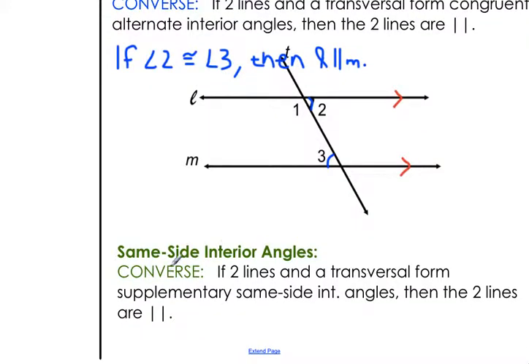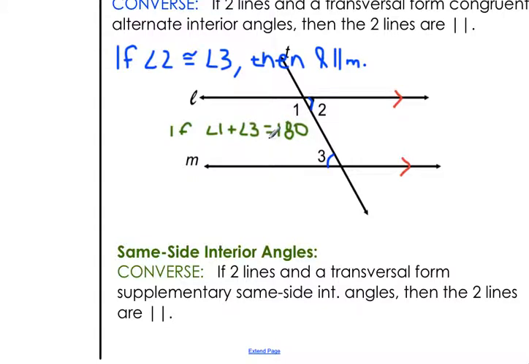All right. Down here we're looking at same side interior angles. And if I tell you that angle 1 and angle 3 add up to equal 180, I start out there, angle 1 plus angle 3 equals 180, then you can say that because angle 1 and angle 3 are same side interior angles, line L must be parallel to line M. So we'll just add this here.